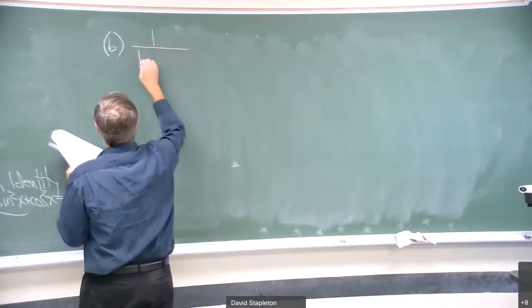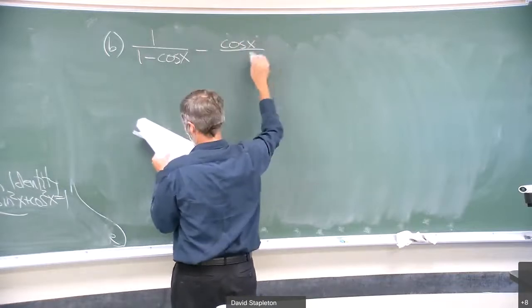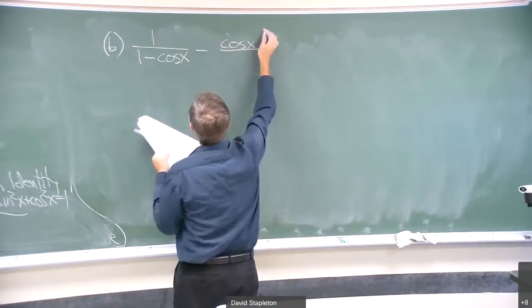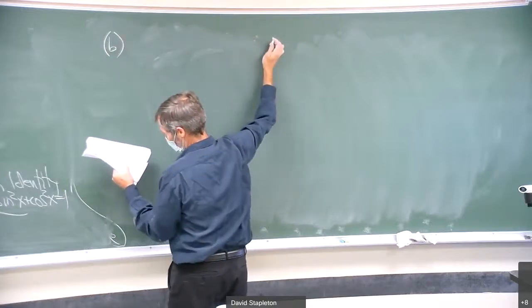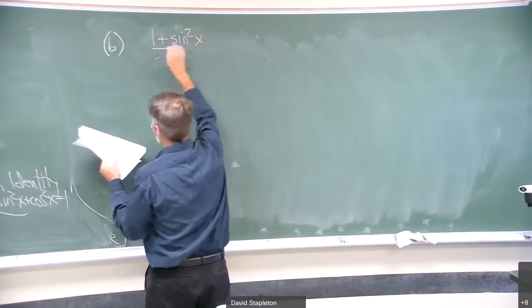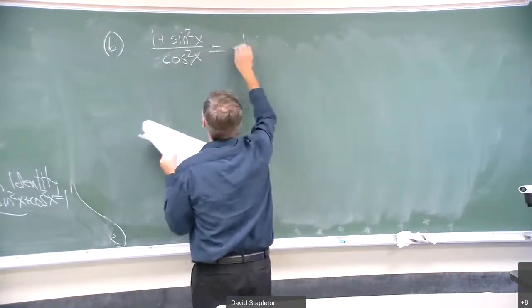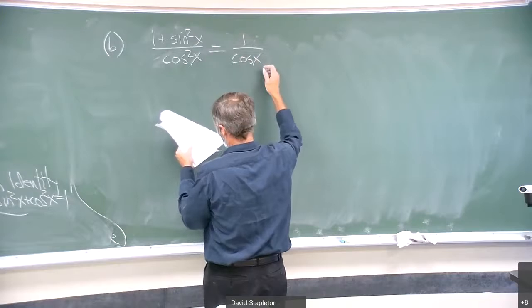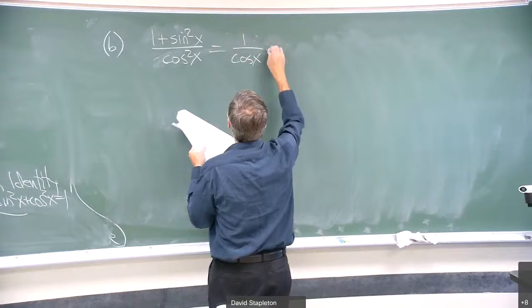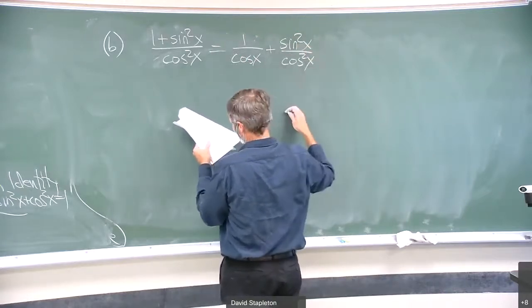Suppose I want to show that 1 plus sine squared x over cosine squared x equals 1 over cosine x plus sine squared x over cosine squared x. Suppose I want to prove that one.